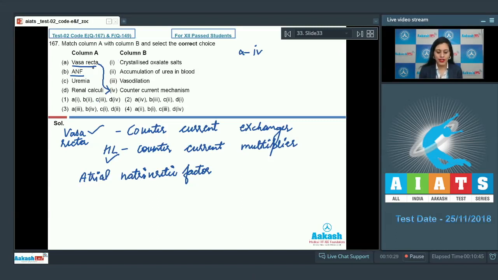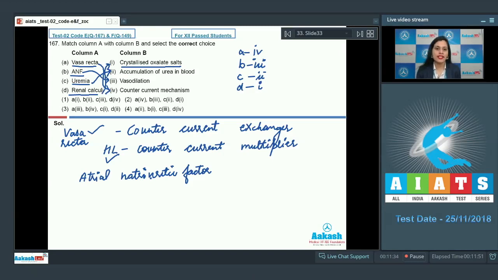So ANF in column A goes with third option in column B. Now next option in column A is uremia, and uremia is a condition characterized by the accumulation of urea in blood. So C in column A goes with 2 in column B. And last option in column A is renal calculi, and these are crystallized oxalate salts formed within the kidney. So D in column A goes with 1 in column B.